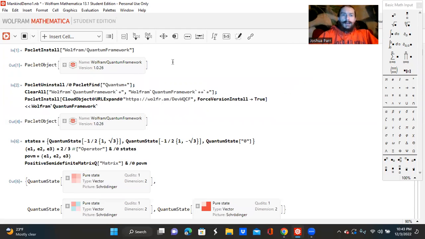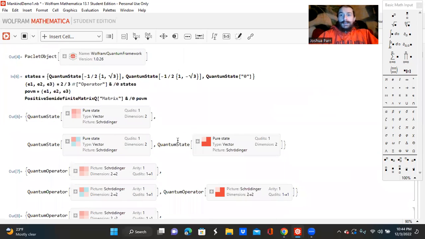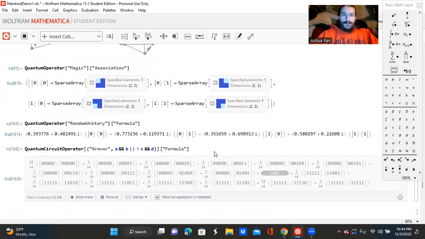After you do that, it doesn't always work. So you need to find this in the documentation, the paclet uninstall, and then there's a bunch of direction in here, and then you force version install, and then after that, it seems to work just about every time. Anything that I'm trying to do.